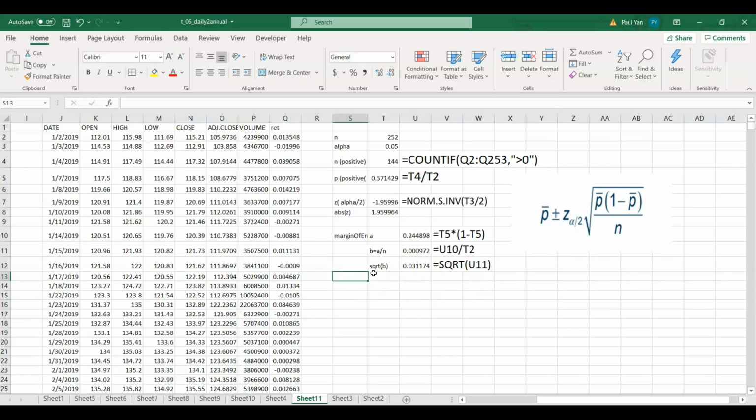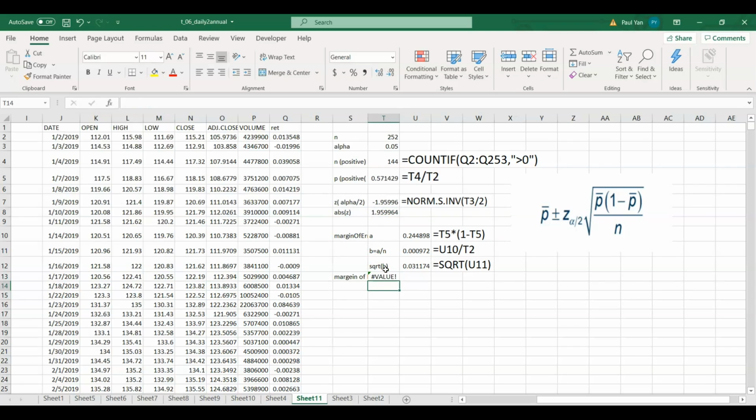Finally, margin of error will be our absolute z value times the square root of B.